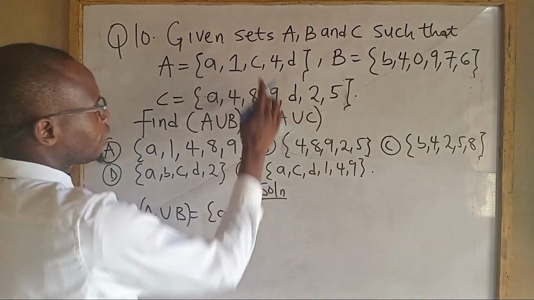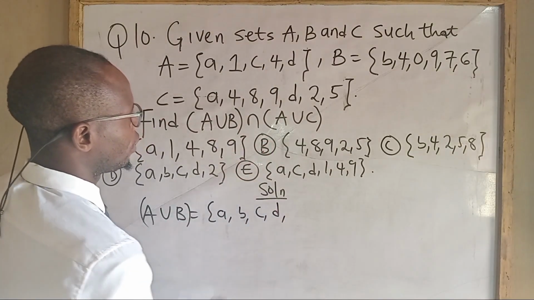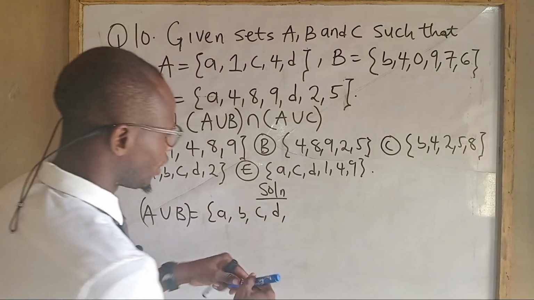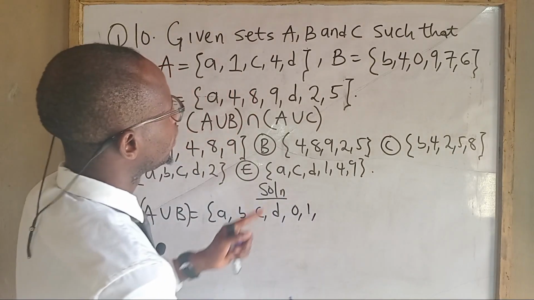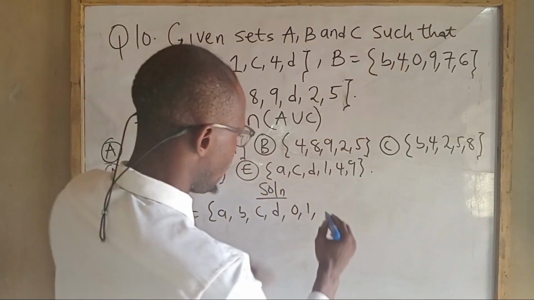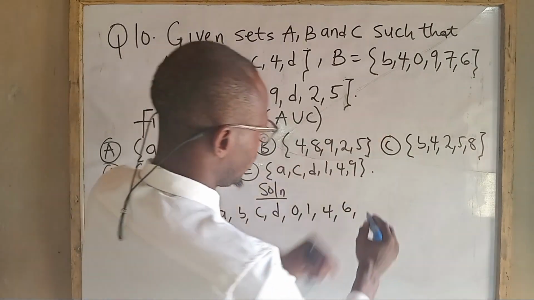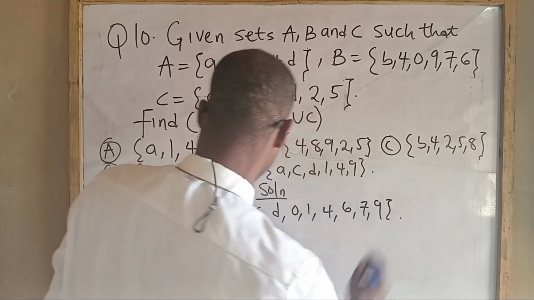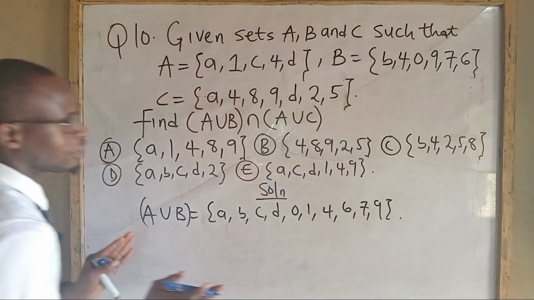Then followed by C, of course, followed by D. The next thing, I can start with the numbers: 0, 1, 4, 6, 7, and 9. So this is what we have for A union B. We take this and this together in a single set, just like that.